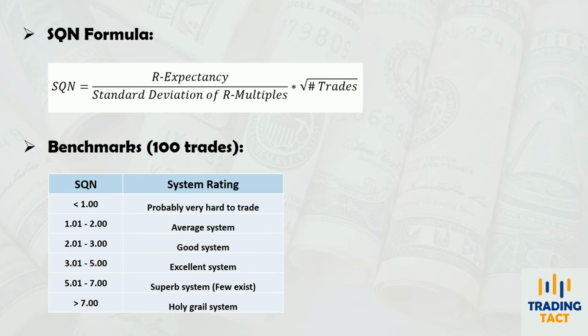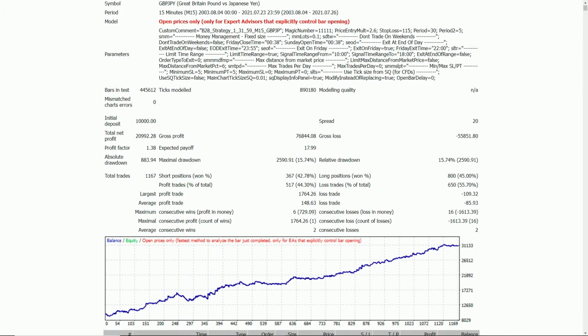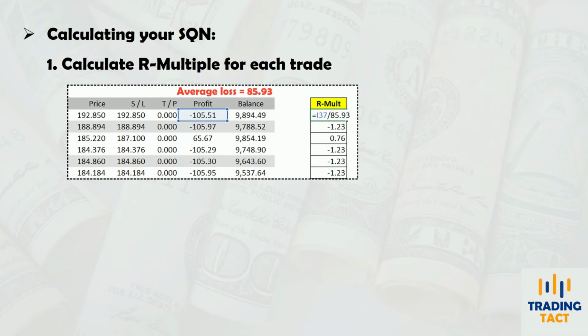MT4 doesn't compute the SQN, so you'll need to do some quick Excel work. Let's do it with a 15-minute pound-yen strategy that was backtested from 2003 to 2021. First, export your backtest report from MT4 and open it in Excel. After removing all rows with an empty profit value, add a column to calculate the R multiple for each trade.